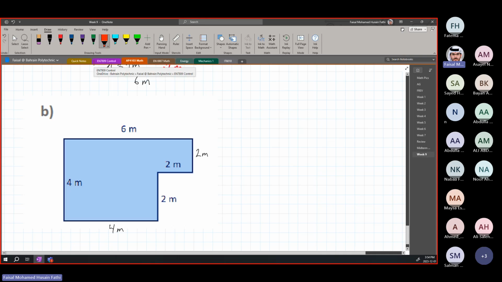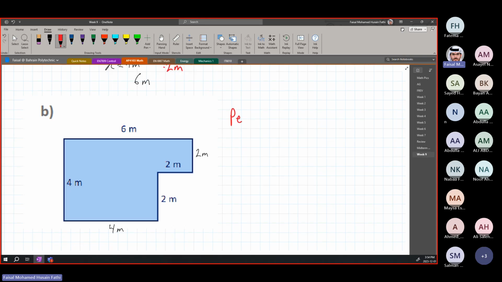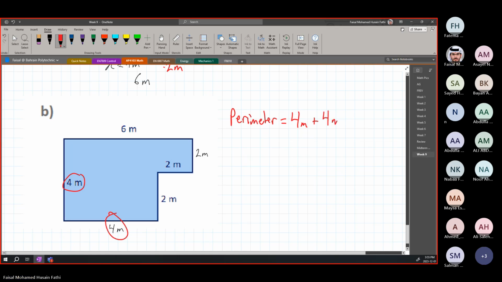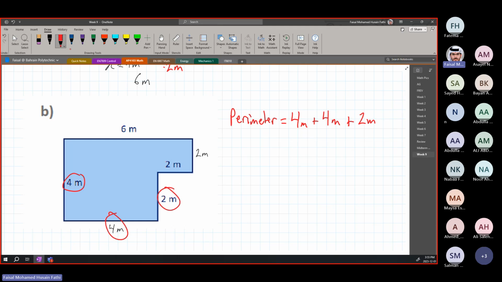So if we want to find the perimeter, going step by step, it's going to be equal to 4 meters plus 4 meters plus 2 meters plus 2 meters plus 2 meters plus 6 meters.